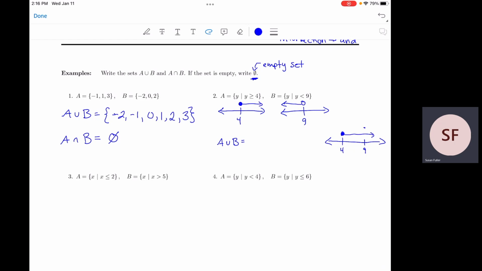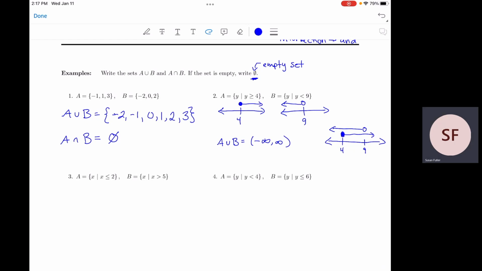B is going to include from here over this way. And so anything that's covered by either of these lines is going to be everything. So the union of these two sets is actually going to be negative infinity to infinity. It's going to be all real numbers.